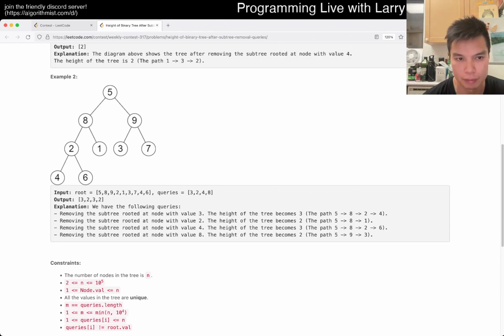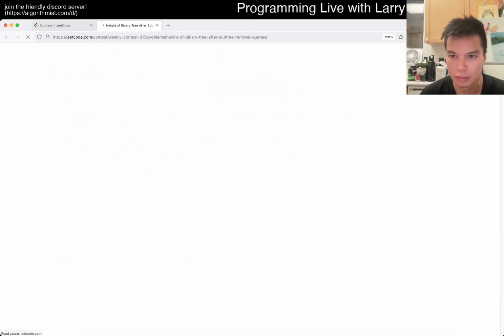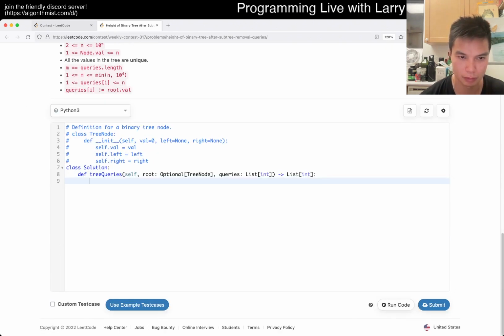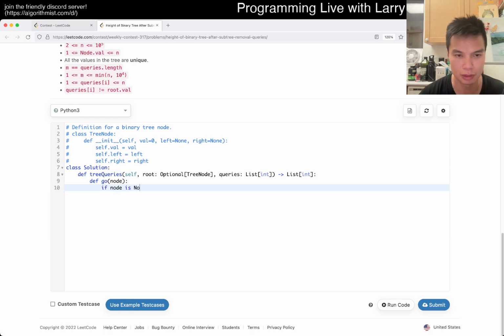So if we remove 2, basically it should be a sort of DP. Right, so basically notice none, we return.